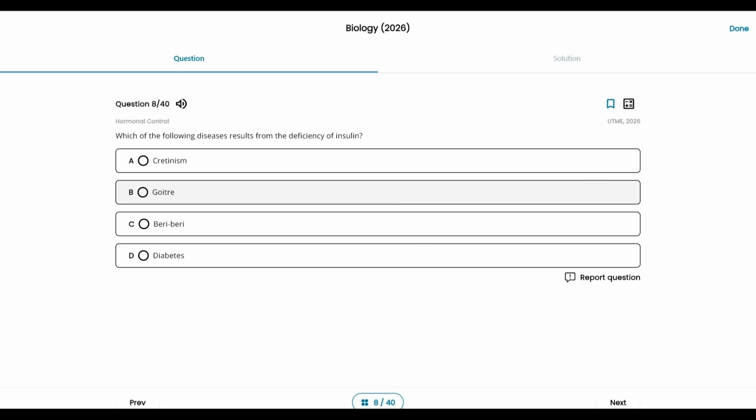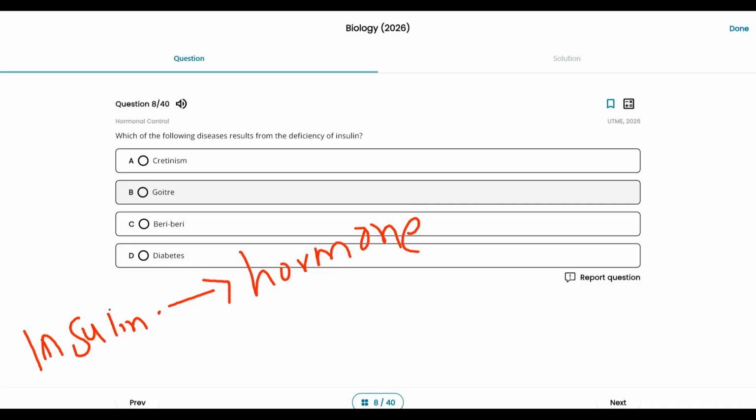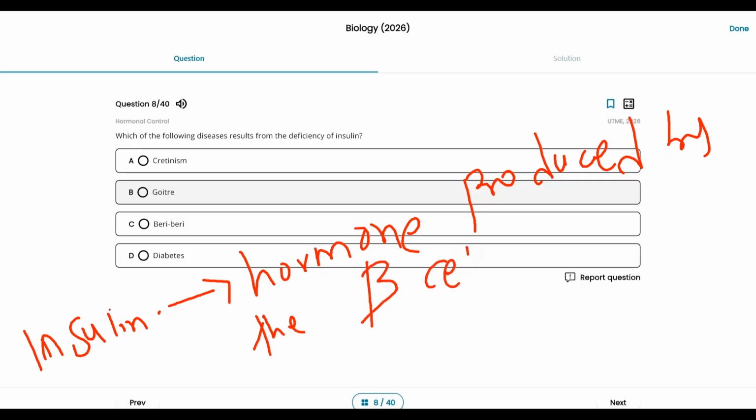Insulin is a hormone. Are you with me? Insulin is a hormone that is being produced by the beta cells of the pancreas.